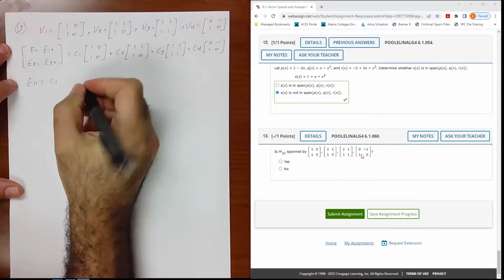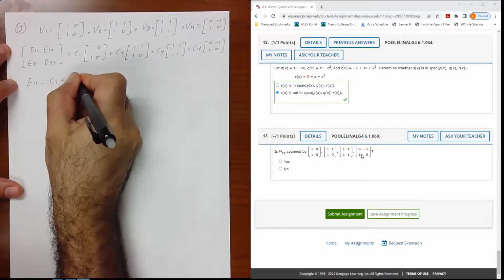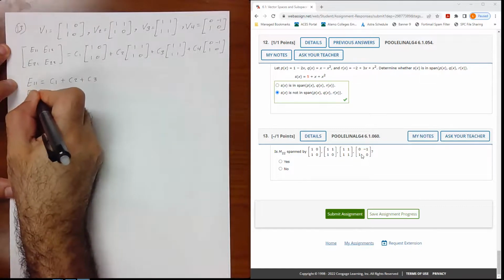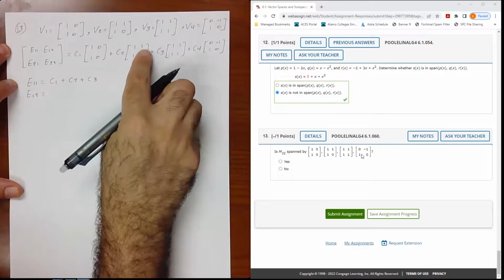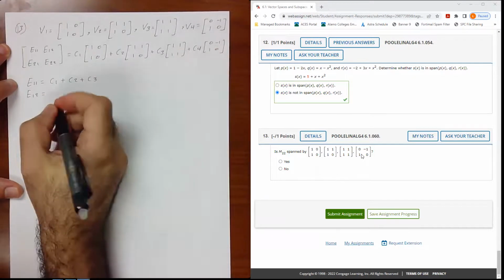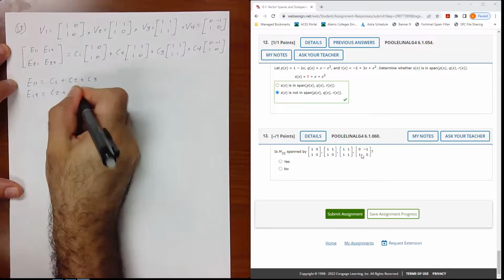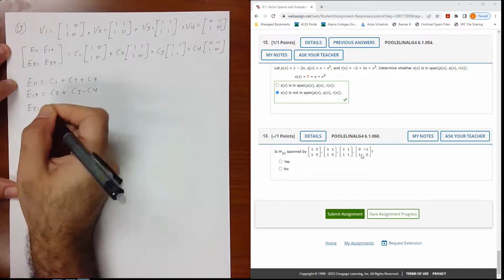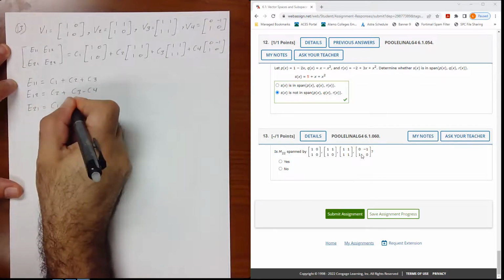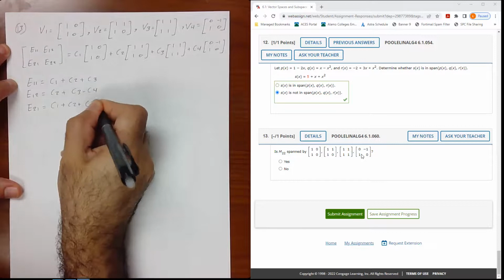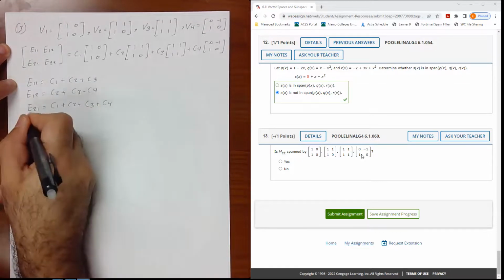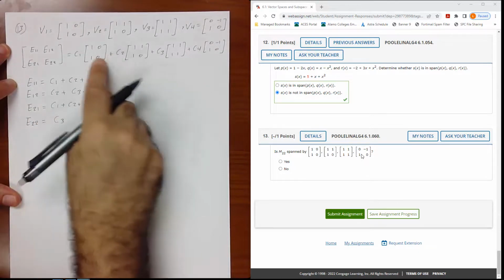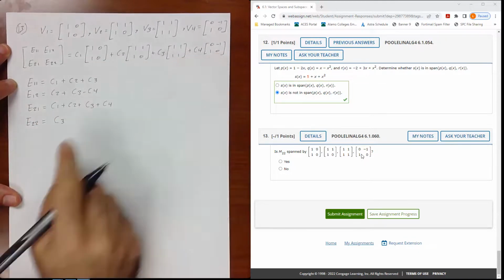E21 is equal to C1 + C2 + C3 + C4. And E22 is equal to just C3.